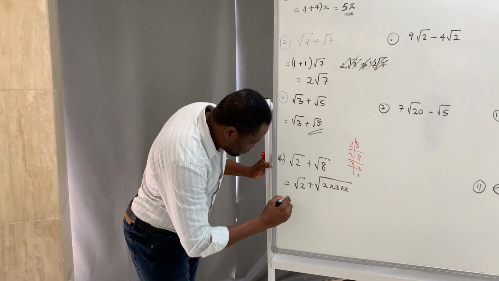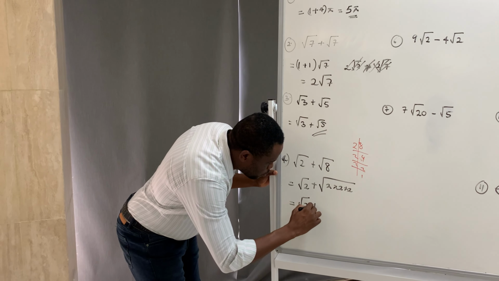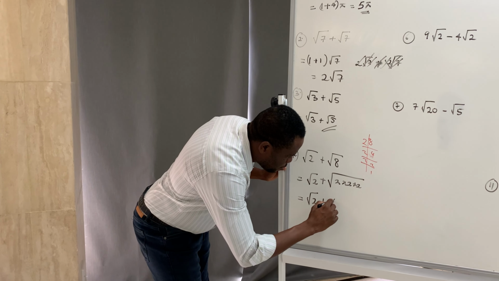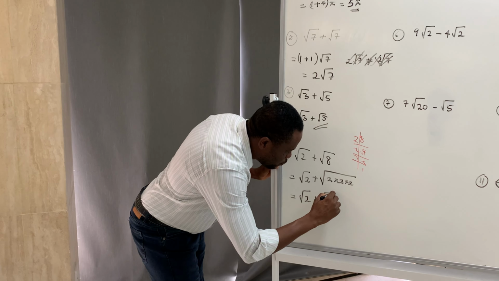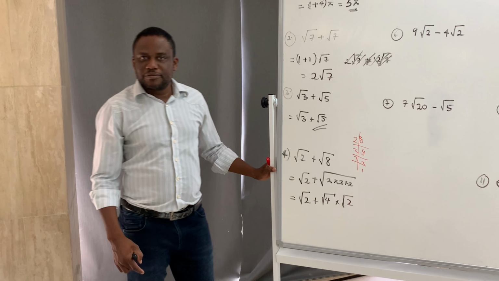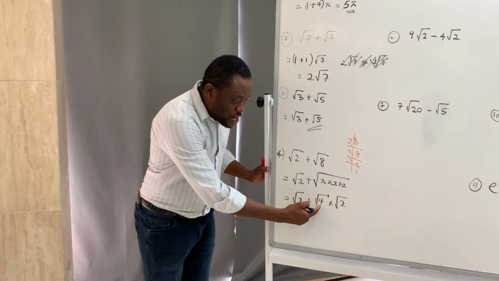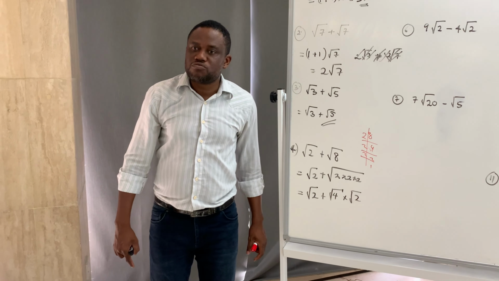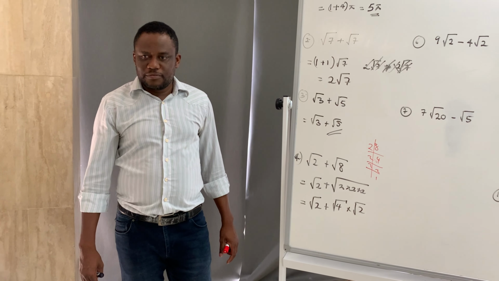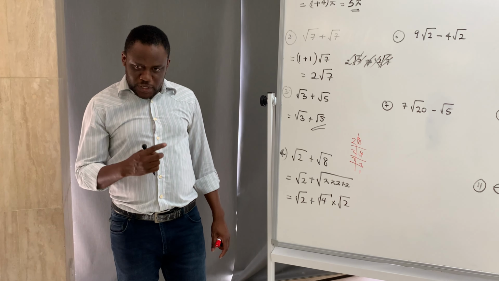So we can say root 2 plus, 2 times 2 is what? 4. So we can say root 4 times root 2. I broke it down. Do you understand? Why did I break it down? Because I know that root 4 is a perfect root. I want to keep it outside. Are we together? This is very important.